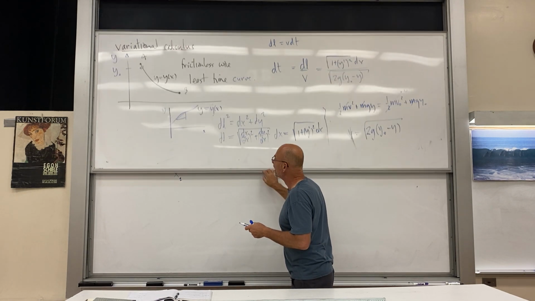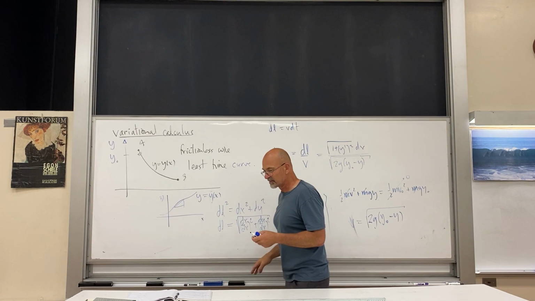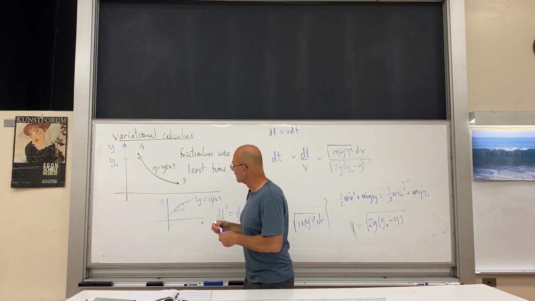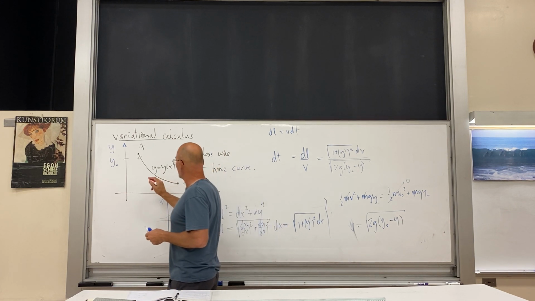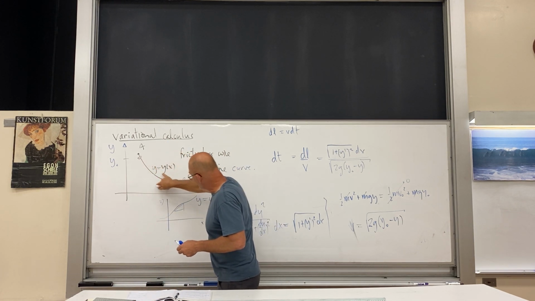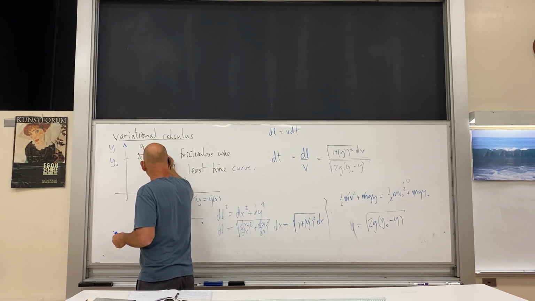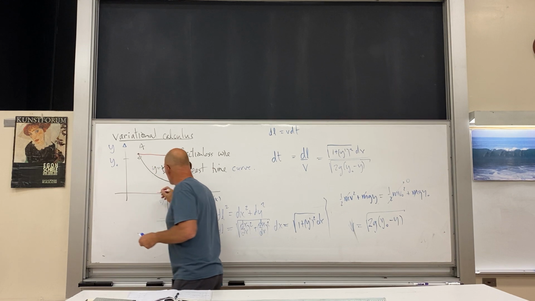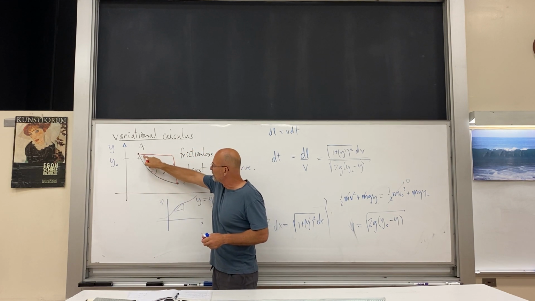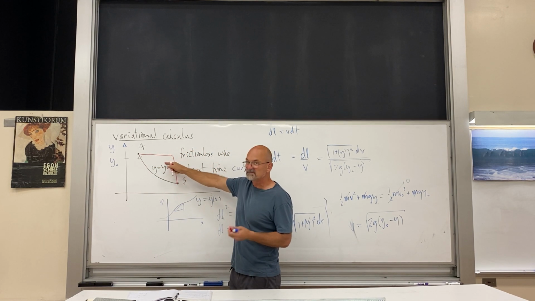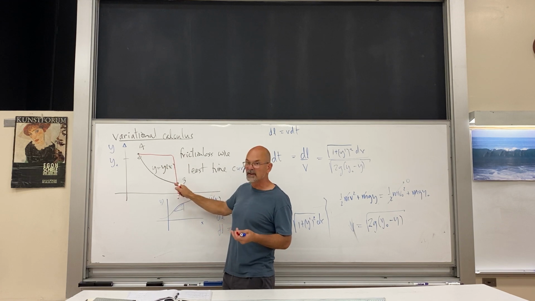Maybe we could make the problem a little more plausible. The point is this. You're going to have some curve that gives you the shortest time. If you were to take a curve like this red one here, you could make the time as long as you want. You just make this very gradual, and then after a long time it drops down into place.